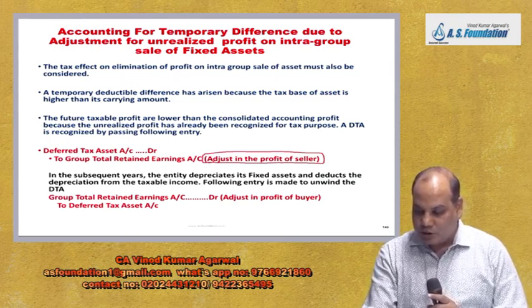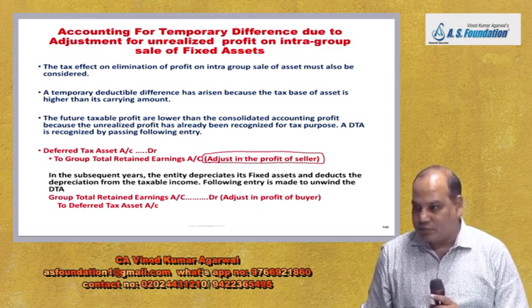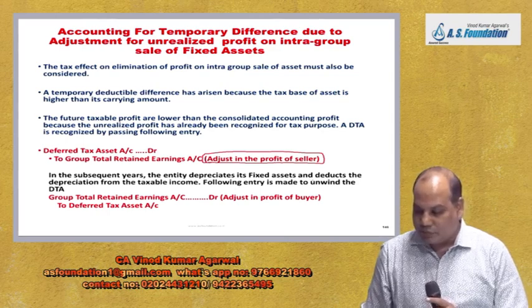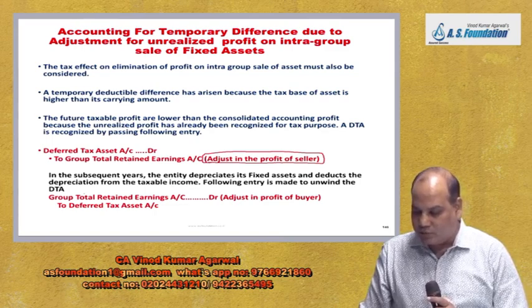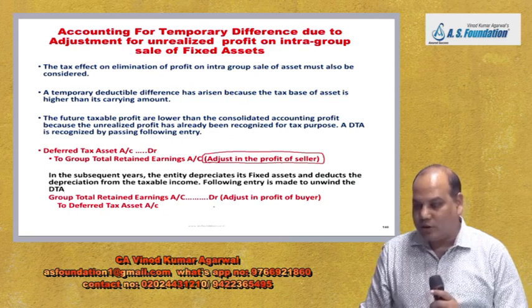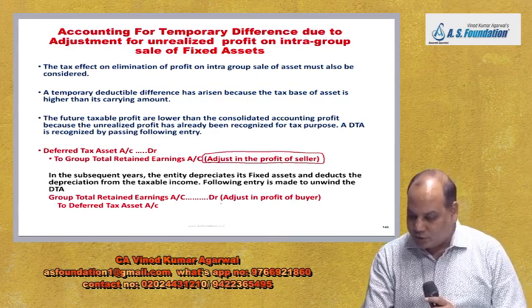And in the subsequent year, the entity depreciates its fixed asset. So as and when you start depreciating the fixed asset and deduct the depreciation from the taxable income, following entry is made to unwind the DTA. Group total retained earning account debit, that is adjust in the profit of the buyer.